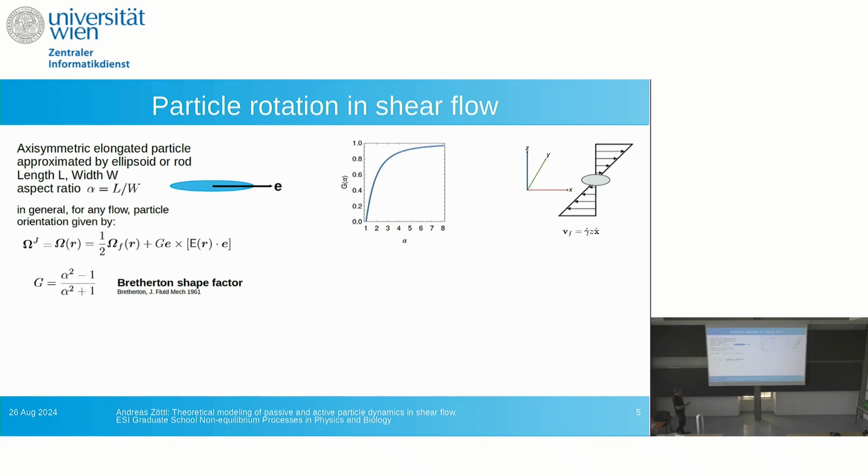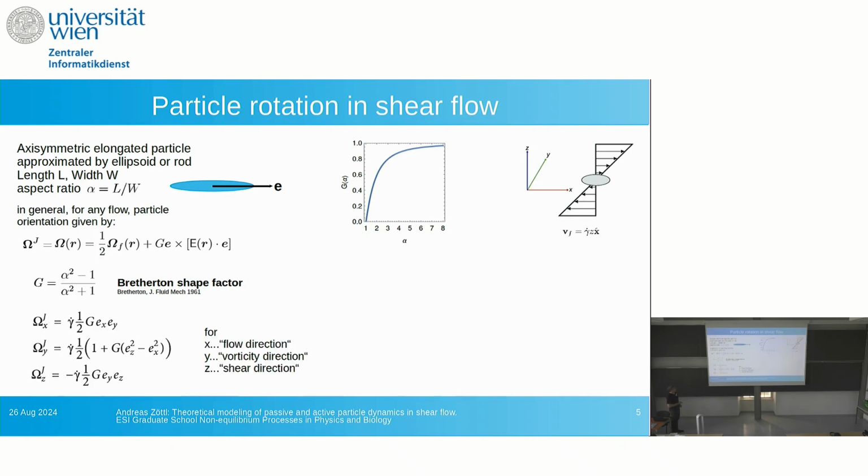And this expression I wrote here is coordinate free, but when you go, of course, to a specific coordinate system, as we have seen before, you can just easily, for example, include the linear shear flow, and you can write down the rotation rate in Cartesian coordinates, and it's simple as that. And there is always this prefactor gamma dot, which is the shear rate.